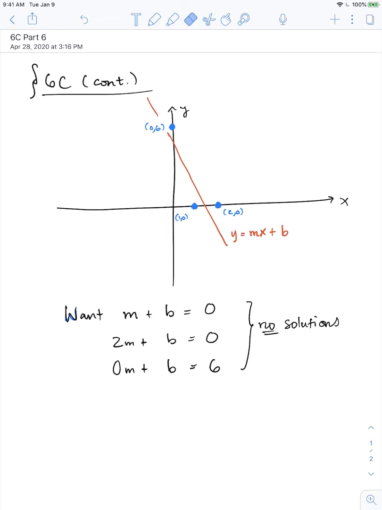M comma b. There's just no way to choose a slope and an intercept of the red line to make all 3 of those things come out true.